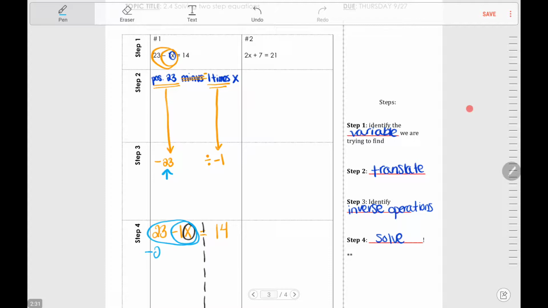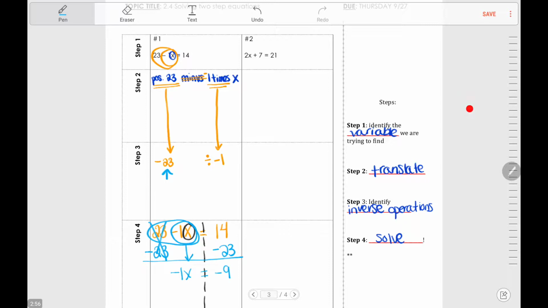So that's my first layer. That's what I'm going to do on both sides of the equation. Opposites cancel each other out. I didn't do anything with this yet, so I'm going to bring it down. And then in my calculators, I can do 14 take away 23. And that gives me negative 9.